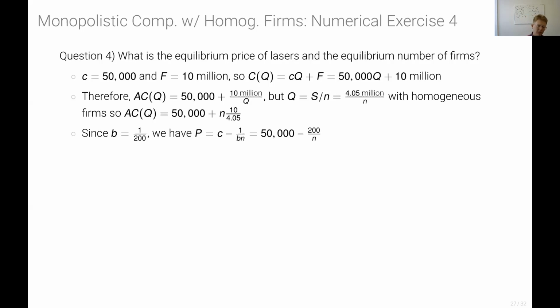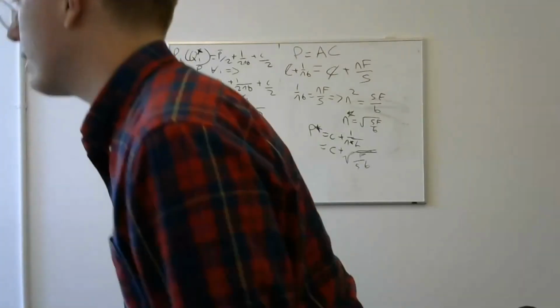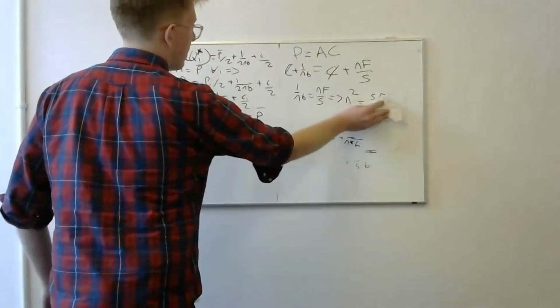Since B is 1 over 200, then we have that the price is going to be equal to C minus 1 over BN, which is going to be 50,000 plus 200 over N. Okay, and so all we're going to do here is solve for the equilibrium price of lasers and the equilibrium number of firms. We're just going to set, again, P equal to AC.